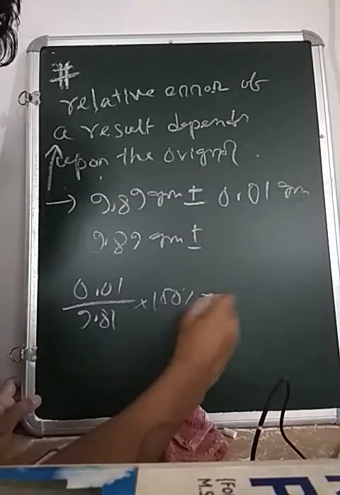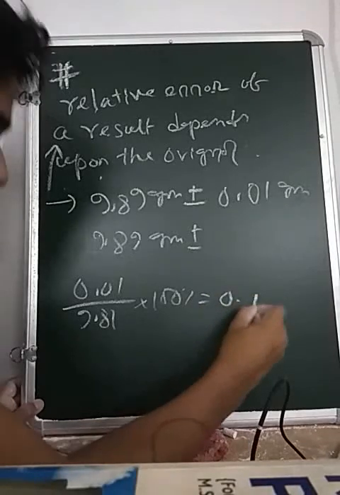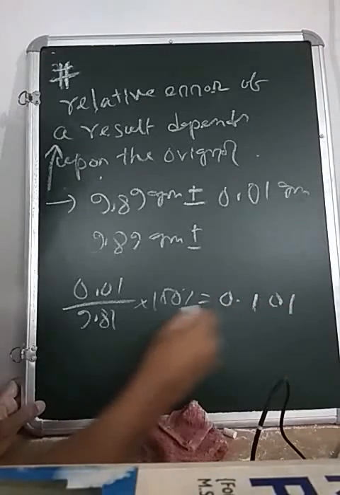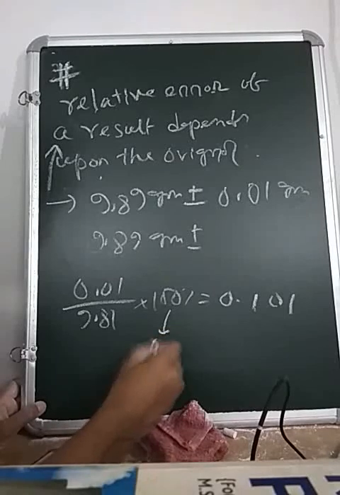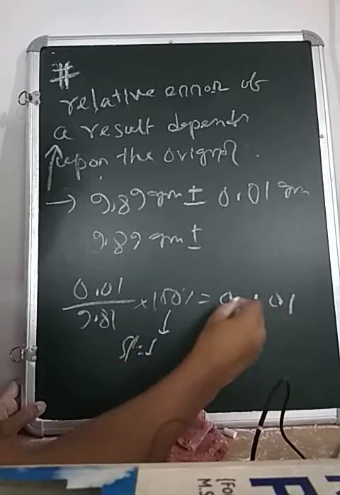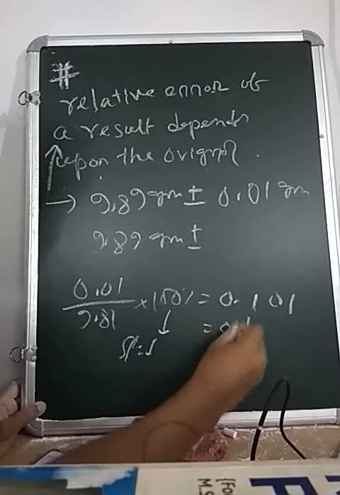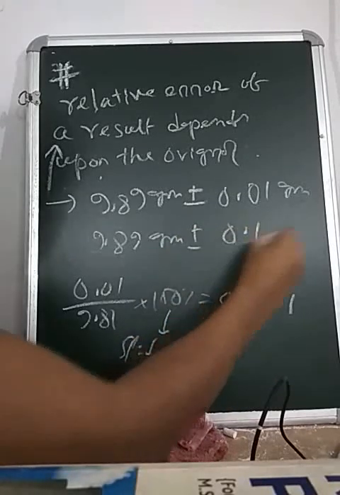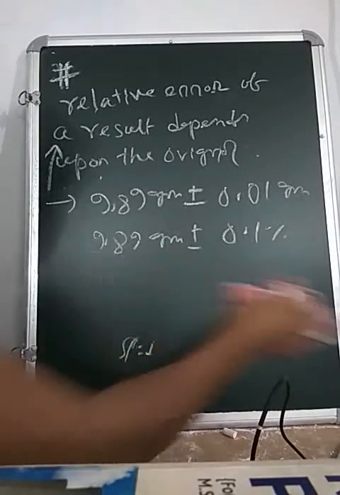So it will be 0.101. The significant figure is 1, so we make it 1 digit significant, and it will be 0.1 after rounding off. So 0.1% is the percentage error.